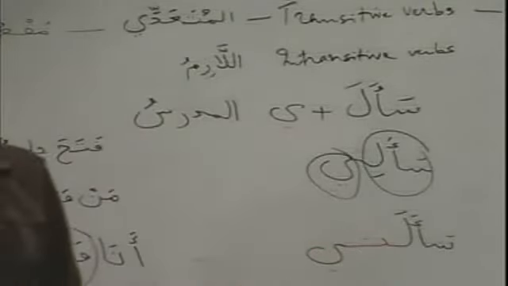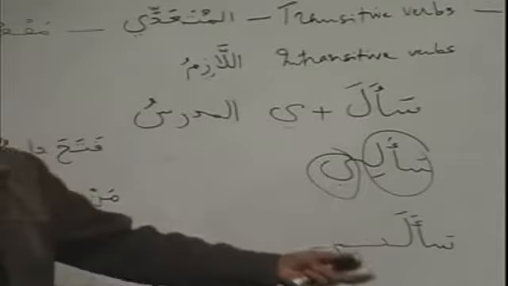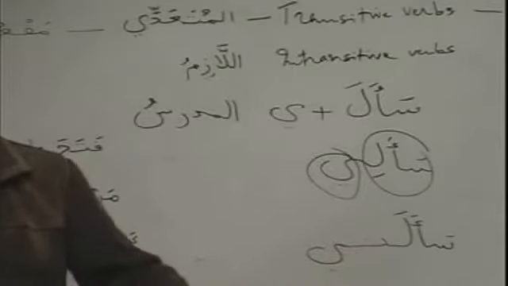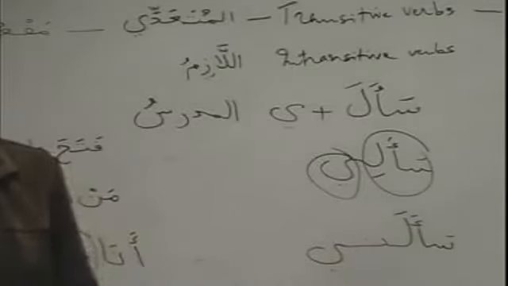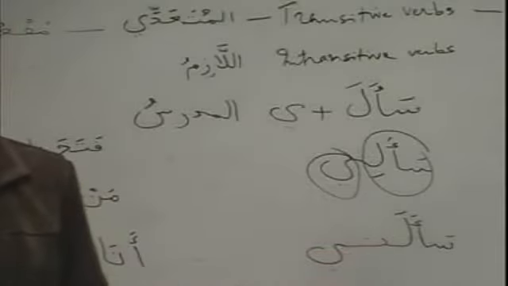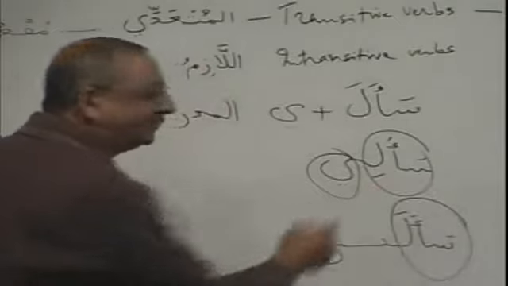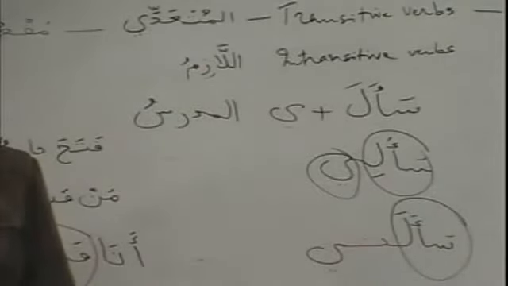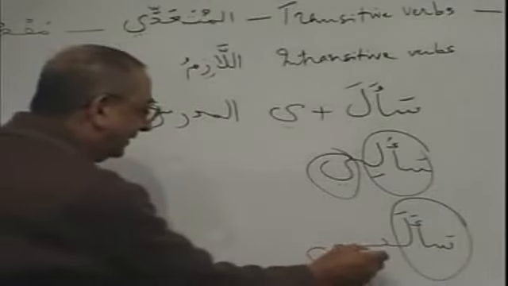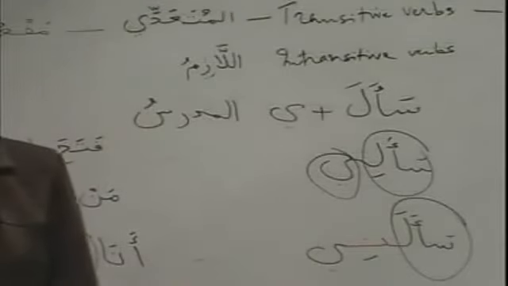Ya Mutakallim says, but I always give kasra. I say, Ya Mutakallim, don't worry. Don't give one kasra, give ten kasras, but give kasra to the Noon, so that the verb stays intact. So what happens now? Sa'alani.